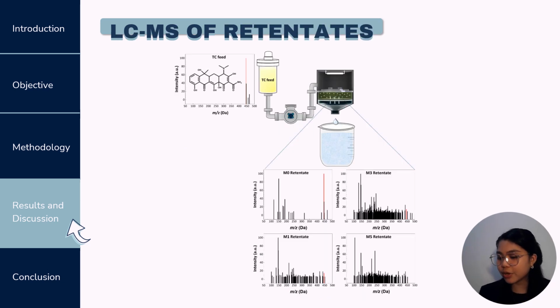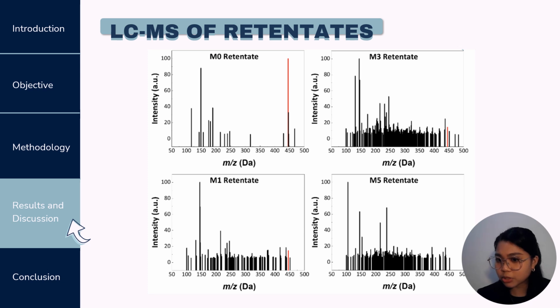And then we have here the LC mass for the retentate, so we can observe the presence of TC on the retentate. On a zoomed in version, we can see here that at M0, there is still a very prominent peak for TC, the one in red at 445 daltons.